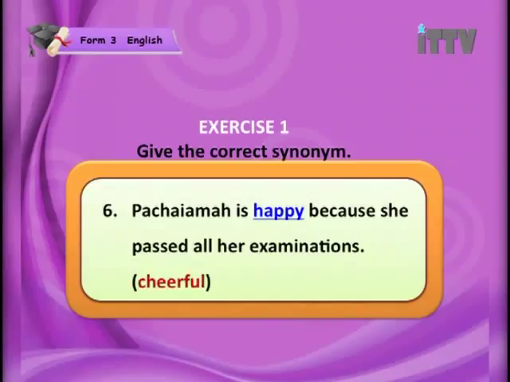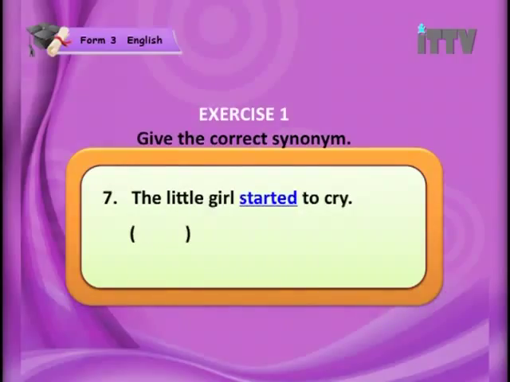Now the answer, Pachyama is cheerful because she passed all her examinations. Number 7, the little girl started to cry. Got the answer? Now let's look at it. The little girl began to cry.